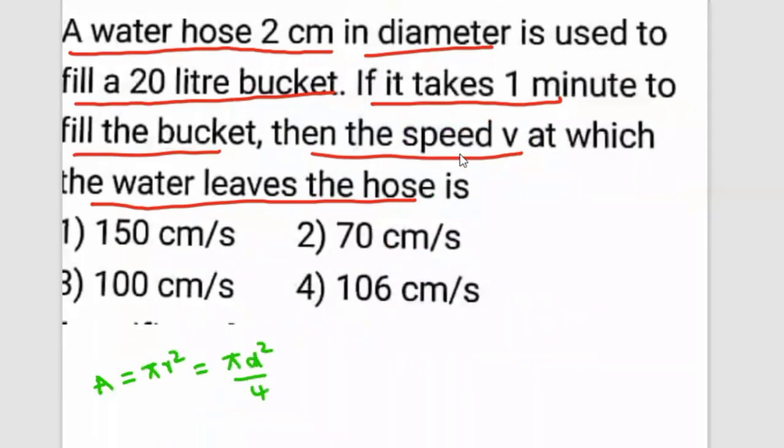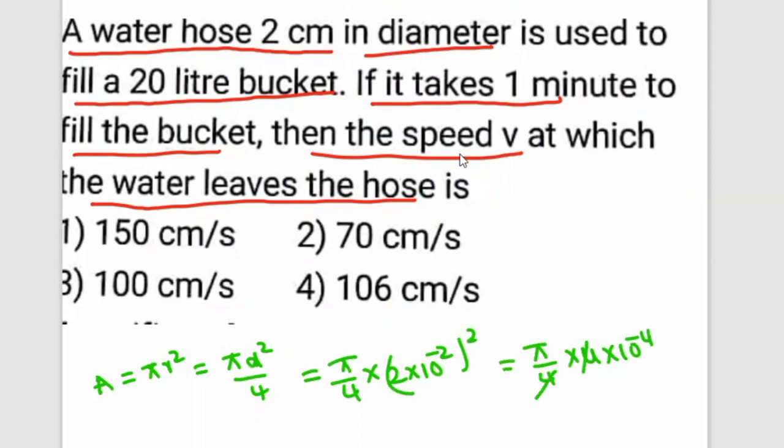So we can write area as pi d square by 4. Taking 2 into 10 power of minus 2 whole square, you are going to get pi by 4 into 10 power of minus 4. So 4 gets cancelled. You can write pi into 10 power of minus 4. This is the area.